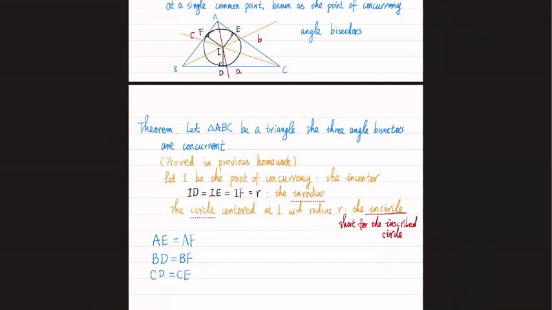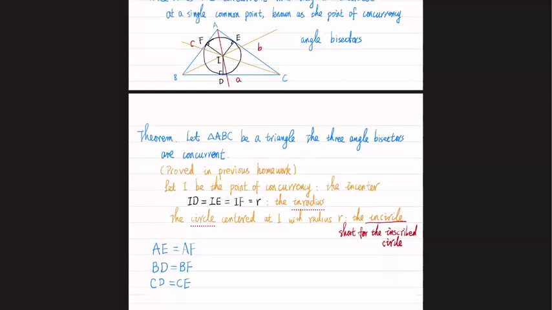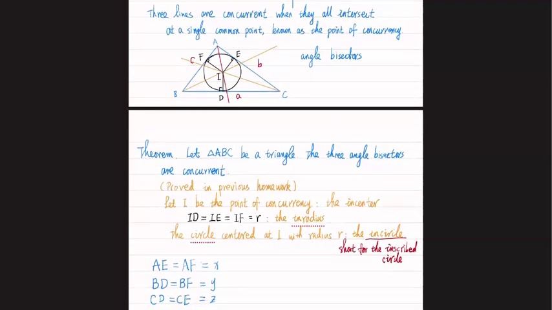We want to find the lengths of all of them. We don't know what they are, so let's label them X, Y, and Z. So AE and AF are X, BD and BF are Y, and CD and CE are Z. We will find the three sides of them.